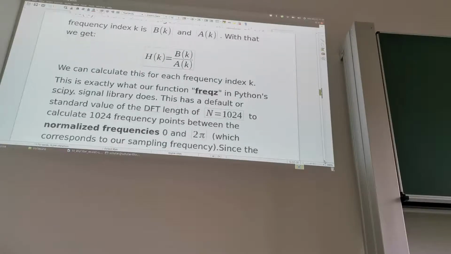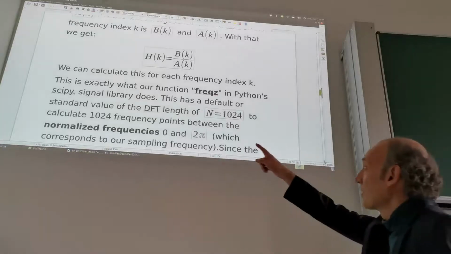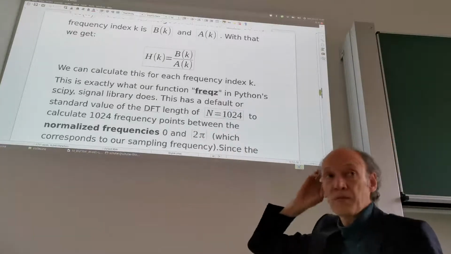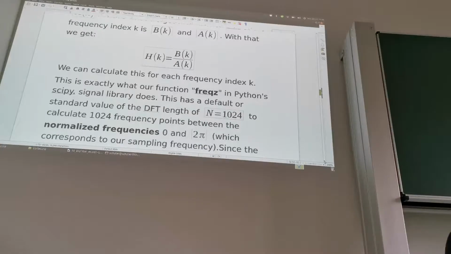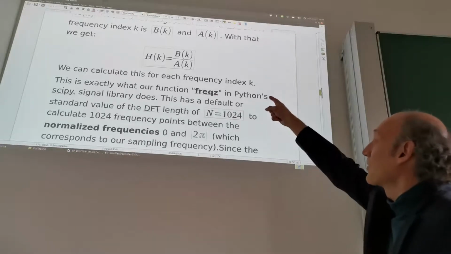And this is basically exactly what the function freqz in Python's SciPy signal library does. Right? With freqz we can analyze our design. Remember, we already did that in our AM design. We used freqz to plot the resulting magnitude response. And what freqz does is exactly this.